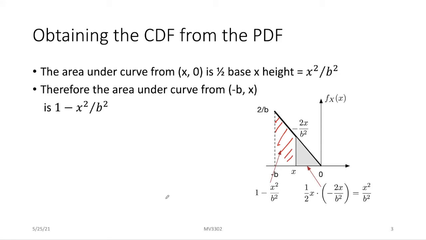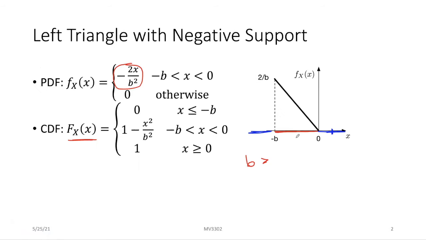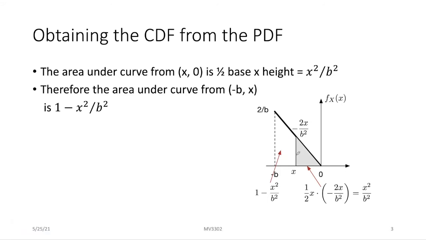However, what we can do instead is first calculate this area here and then take 1 minus it. So the area here would be the length of the base, which is x. So the area of a triangle is 1/2 the base times the height. And so the height is minus 2x over b squared.